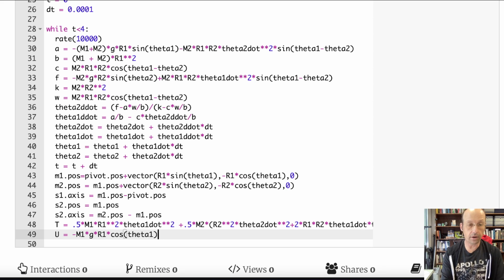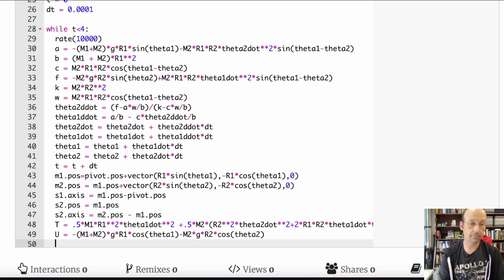Actually, I'm going to write my other version: minus (m1 plus m2) times g times r1 times cosine theta 1, minus m2 times g times r2 times cosine theta 2. And that's fine. Okay, so now I have kinetic energy and I have potential energy.